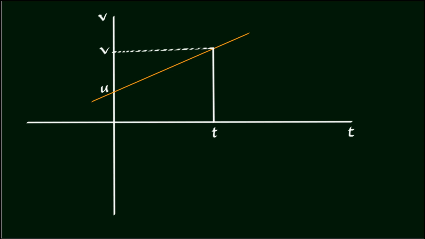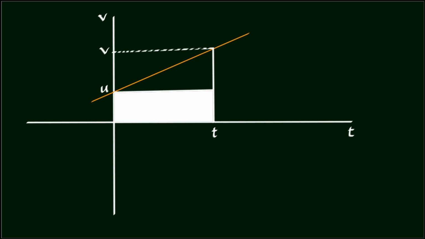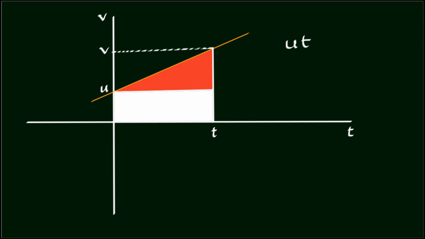To find that area, what we're going to do is very simply divide it up into two parts. A rectangle whose area is given by u times t, where t minus 0 is the time interval, plus the area of this triangle. And what is the area of this triangle? Half base into height.